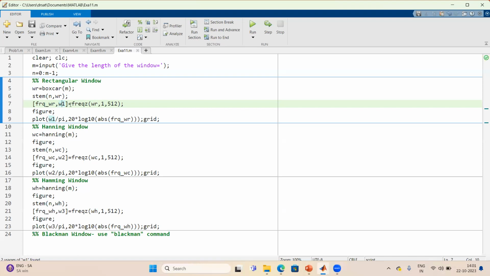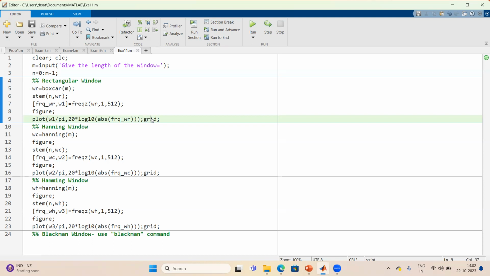Because we have to plot the amplitude response in terms of dB, I have taken the absolute value of this frequency response. First we calculate the absolute value by writing the abs command, and then we take 20 log10, so it gives you the amplitude in dB, right? So we have just converted it into dB, and then we use grid if you want, and then we can see the frequency response.